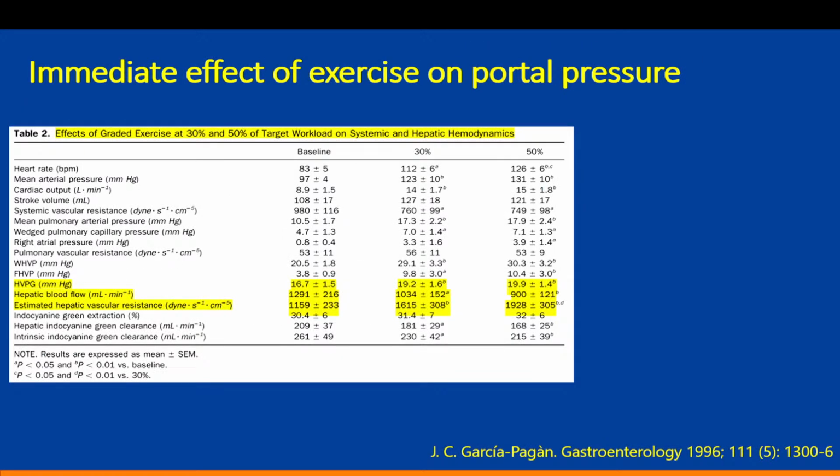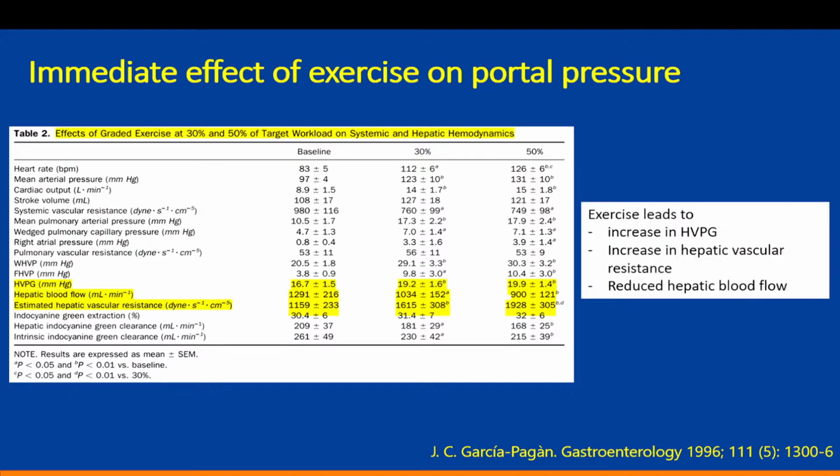This is the immediate effect of exercise on portal hypertension, that is, while we are doing exercise. At that time, it leads to a rise in HVPG, reduction in hepatic blood flow, and increase in hepatic resistance. These are the factors which lead to reduced blood flow to the liver. What is the clinical significance?